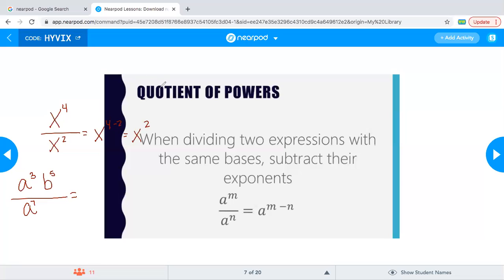How many of y'all automatically in your head were like, we'll do 7 minus 3 because 7's bigger, right? So it's always what's on top, in the numerator, minus what's on bottom. So it would be 3 minus 7, which would give you negative 4. So it'd be a to the power of negative 4 and b to the power of 5. Okay, so it's always what's on top minus what's on bottom.